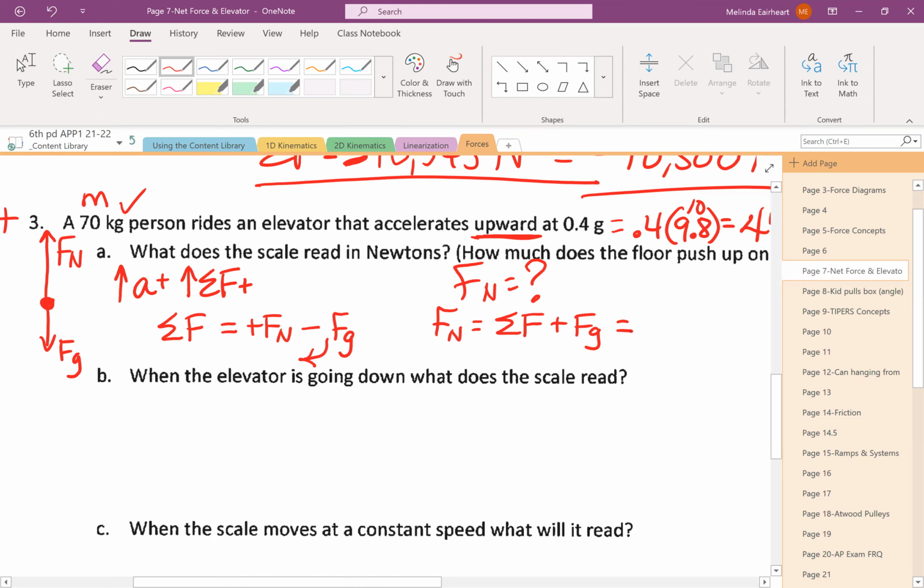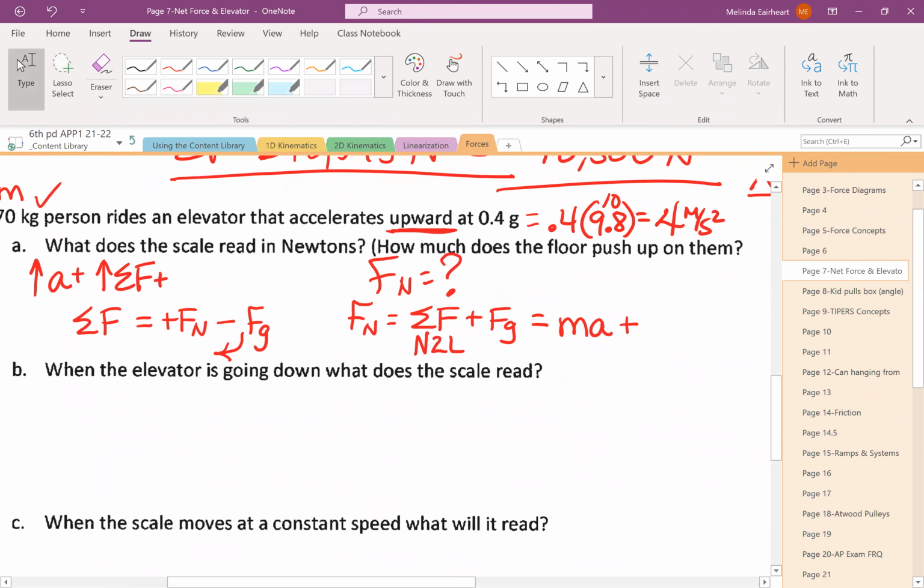Now we don't know the numbers yet. Let's do some equations. Newton's second law says Fnet equals what? Ma, plus Fg is your weight. We said it earlier, weight equals mass times gravity acceleration.